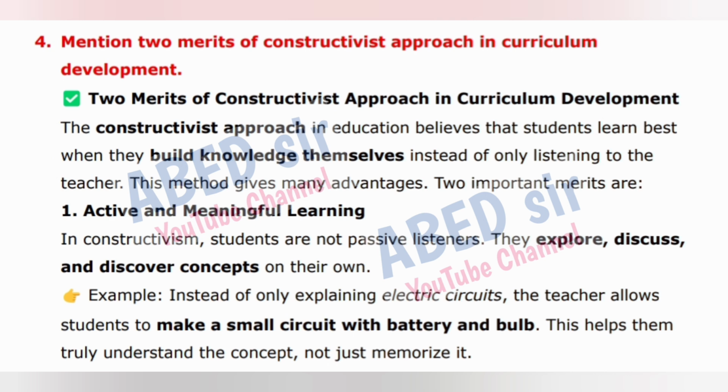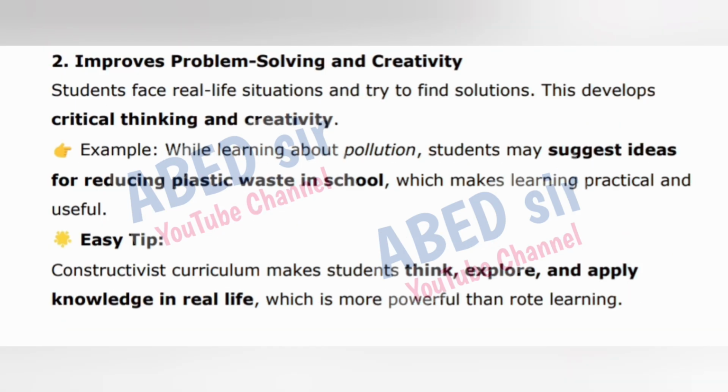Example, instead of only explaining electric circuits, the teacher allows students to make a small circuit with battery and bulb. This helps them truly understand the concept, not just memorize it. 2. Improves problem solving and creativity. Students face real-life situations and try to find solutions.